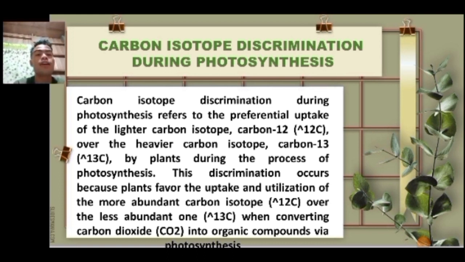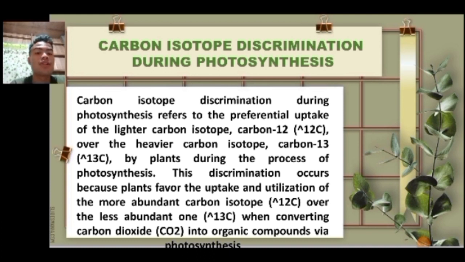Carbon isotope discrimination during photosynthesis refers to the differential uptake of a lighter carbon isotope, carbon 12 or 12C, over the heavier carbon isotope, carbon 13, by plants during the process of photosynthesis.